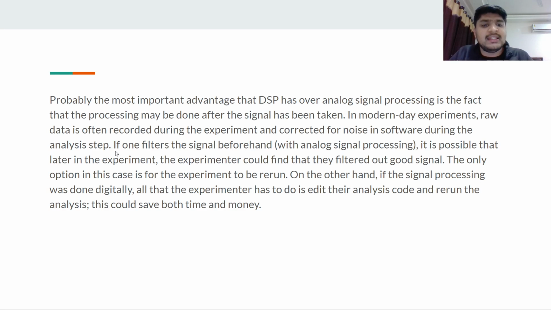The only option in this case is for the experimentalist to rerun the experiment. On the other hand, if signal processing was done digitally, all that the experimenter has to do is edit their analysis code and rerun the analysis. This could save both time and money.